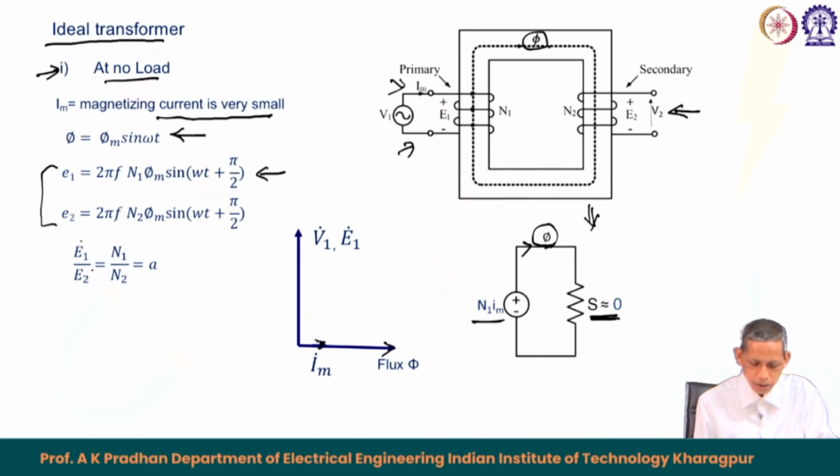The corresponding E 1 leads the flux by 90 degrees, and so also V 1 is very close to E 1, or V 1 equals E 1. So, this V 1 and E 1 lead the flux and I m by 90 degrees. This is the corresponding phasor diagram at the no load condition of the ideal transformer.